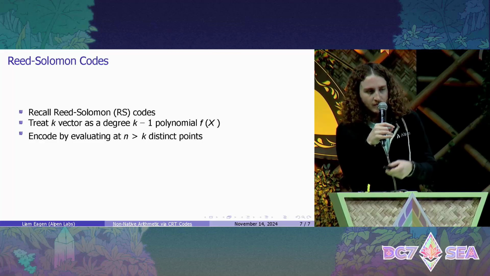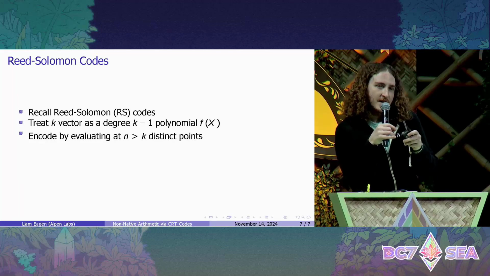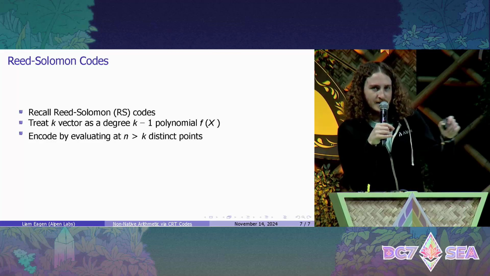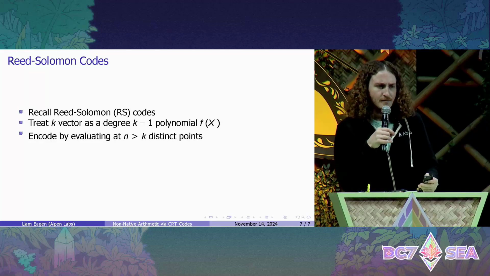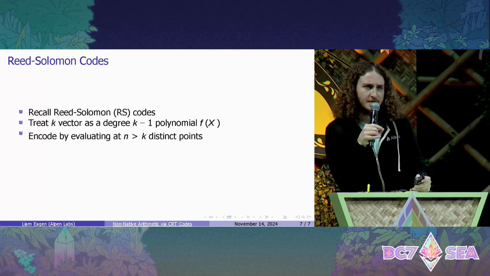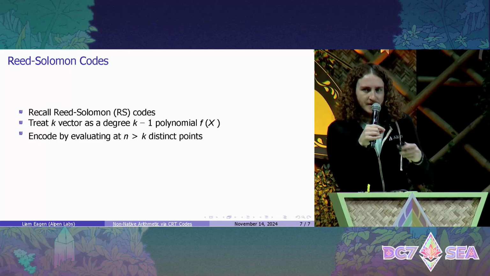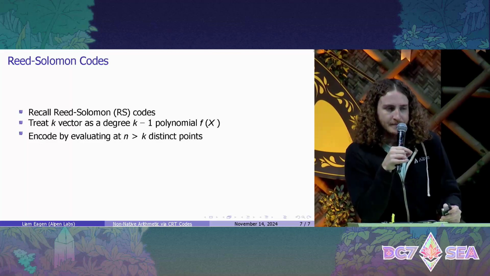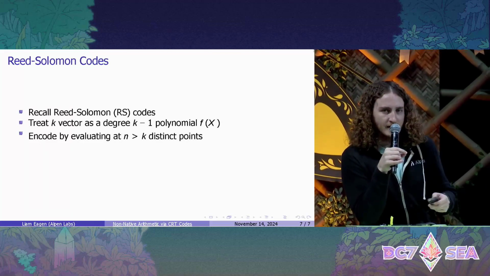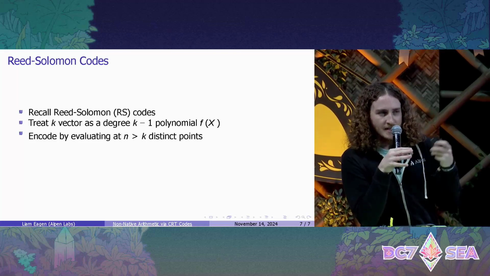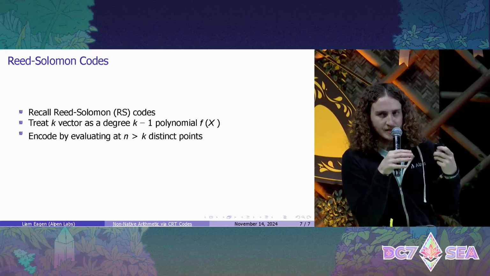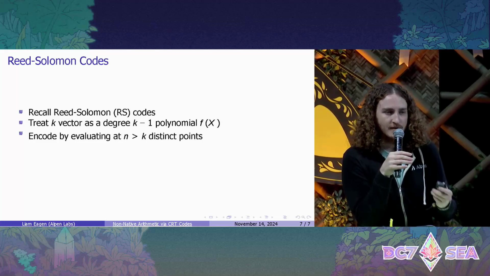So remember, a polynomial of degree k minus 1 is determined by k points. And by evaluating it at more points, you're adding redundant information. And so, in the original conception of Reed-Solomon codes, this was to deal with the fact that some of the information might be corrupted. So even if some of the data is maliciously altered, you can still recover the original message.